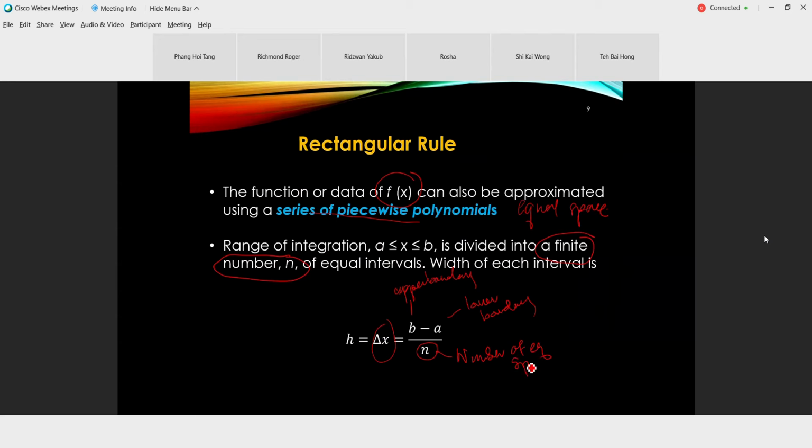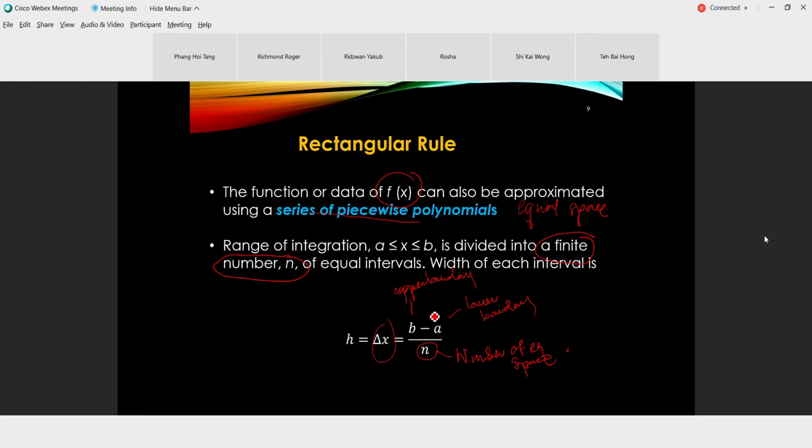If you set your number of equal spaces high, it means that your accuracy will be high, but you need more time to compute. If you reduce the number of equal spaces, then your accuracy will reduce, but your computational time will be shorter.